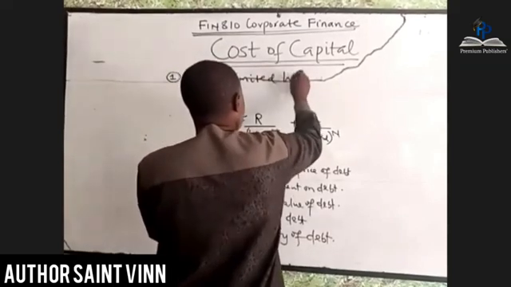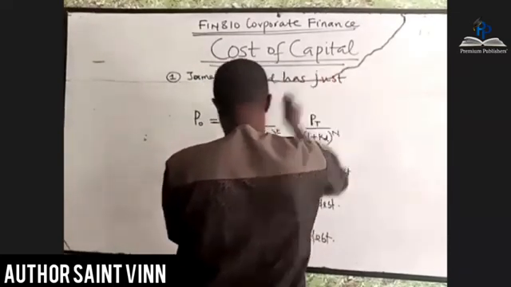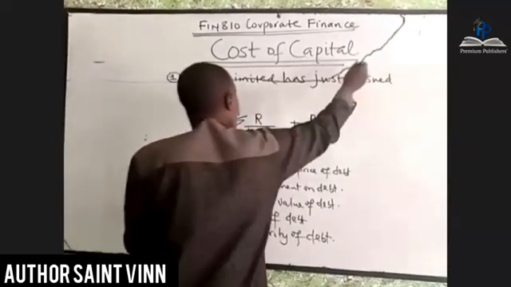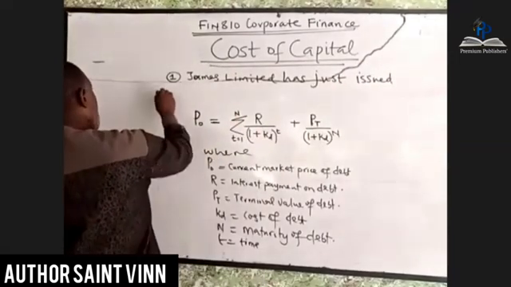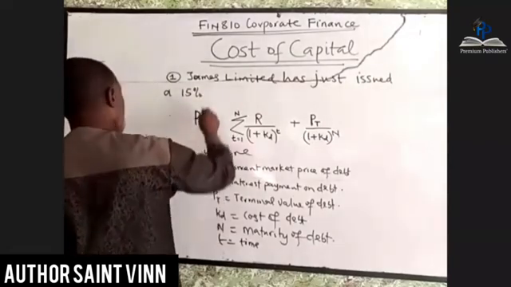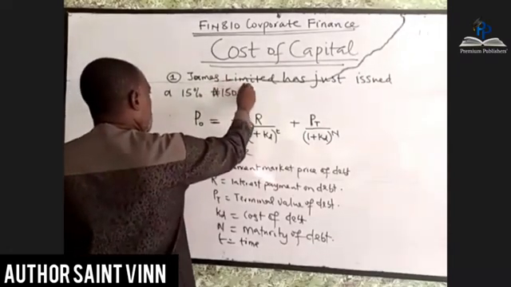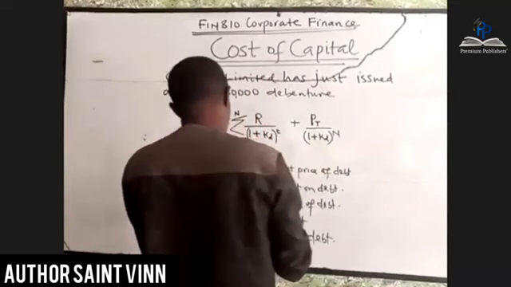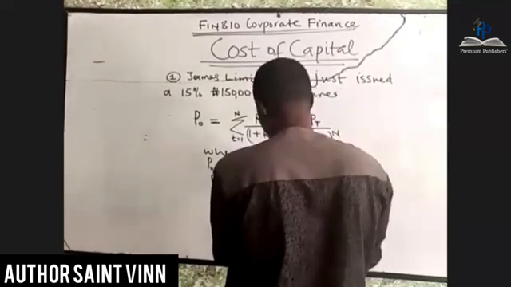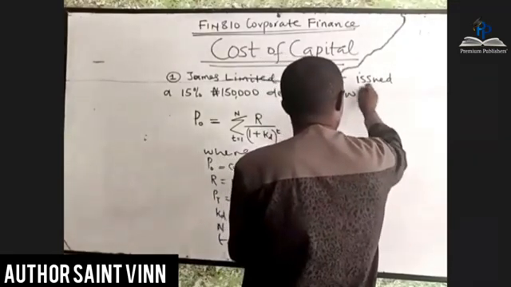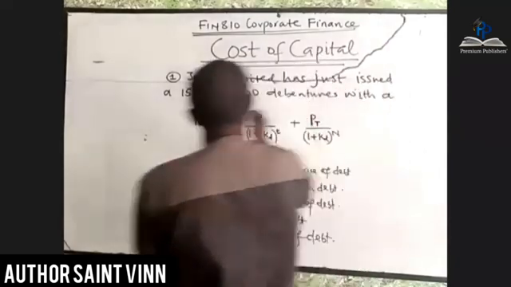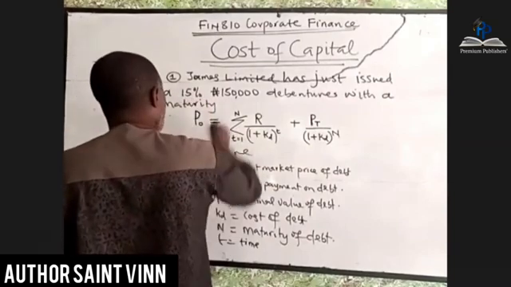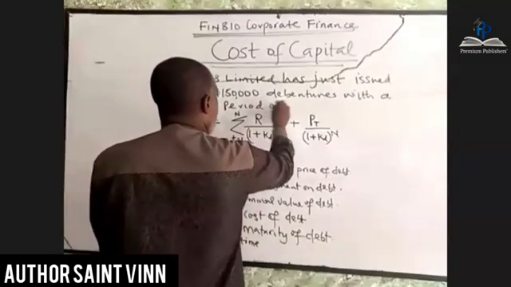James Limited has just issued a 15%, 150,000 debenture with a maturity period of 5 years.